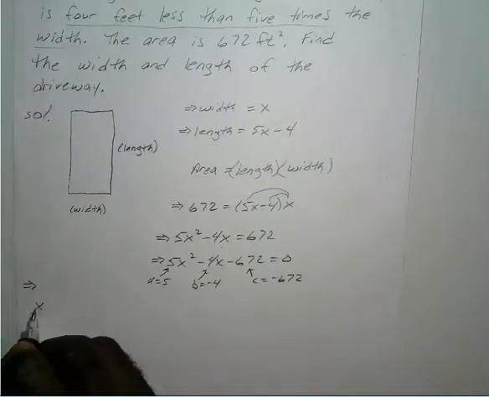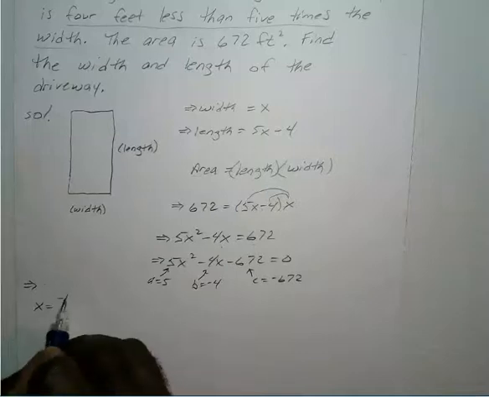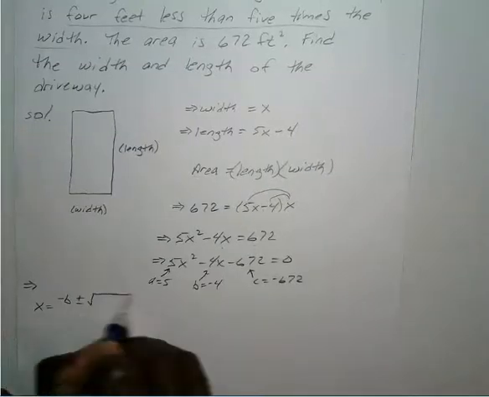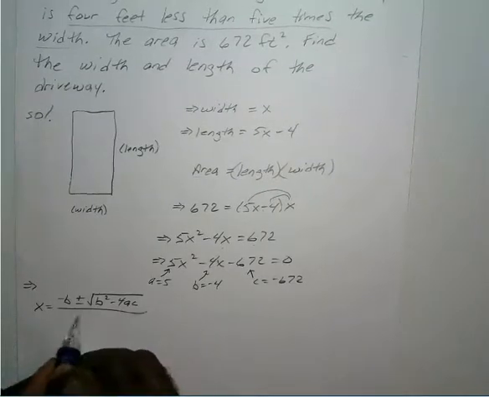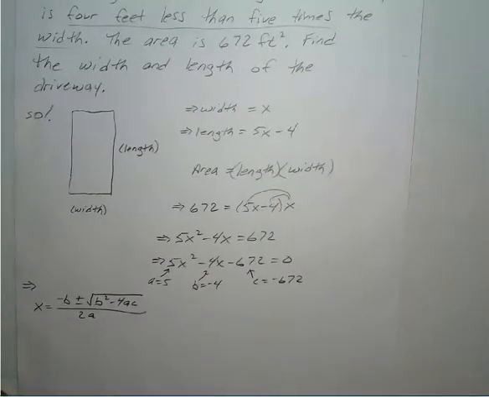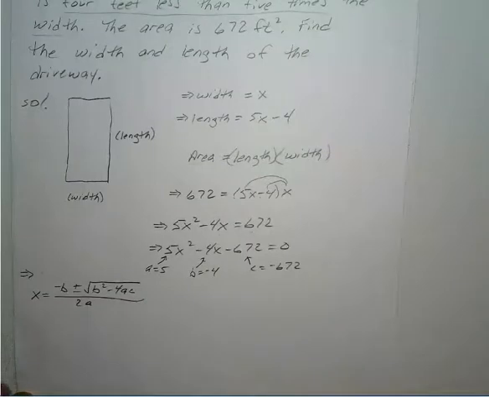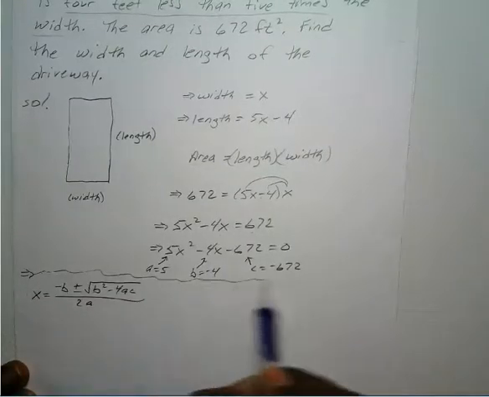Okay, so x is equal to negative b plus or minus the square root of b squared minus 4ac, all over 2a. Okay, so that's your quadratic formula. Let me kind of separate that a little bit.